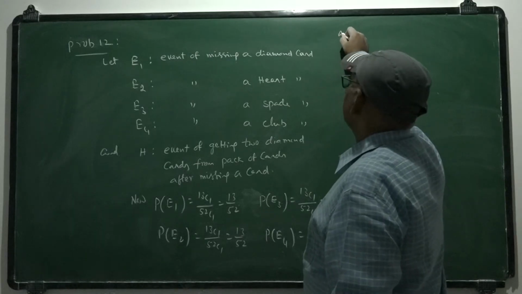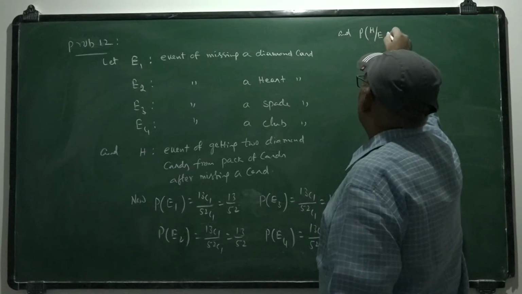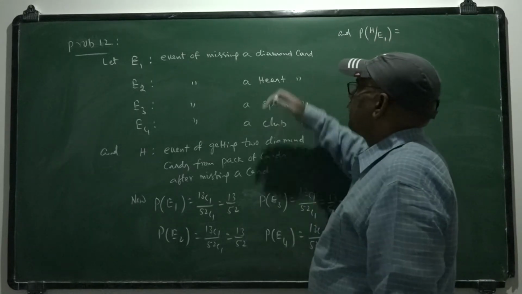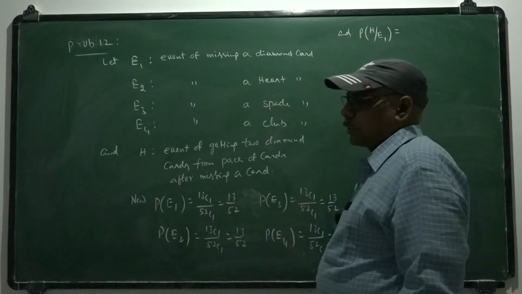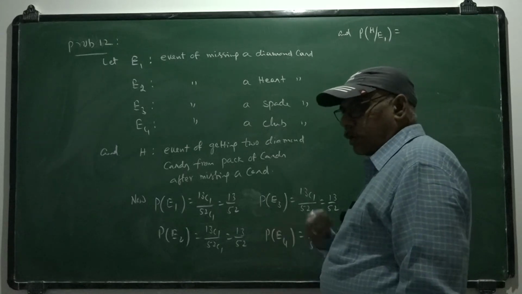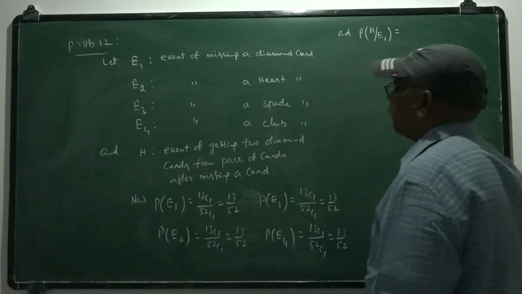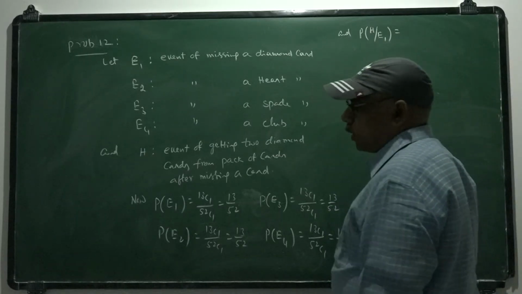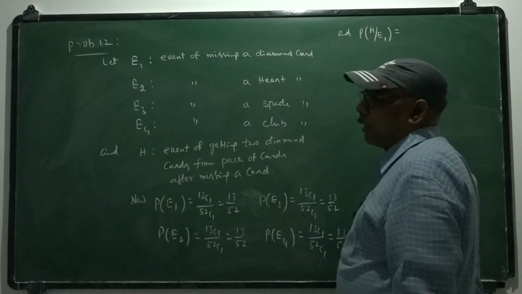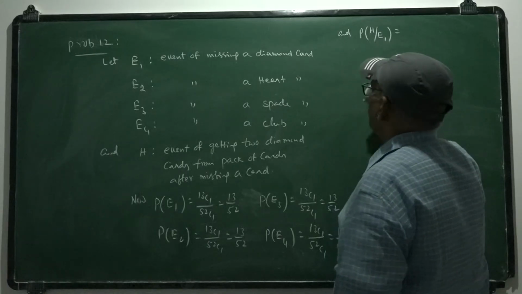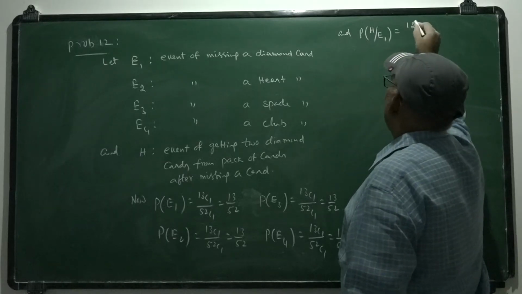Now, probability of happening of H on the occurrence of E1. That means initially a diamond card is missed, and after that, drawing 2 cards, getting 2 diamond cards. Once a diamond card is missed, we have only 12 diamond cards.